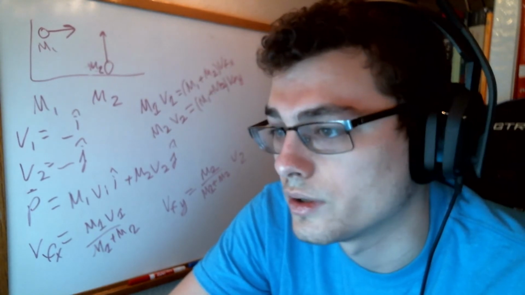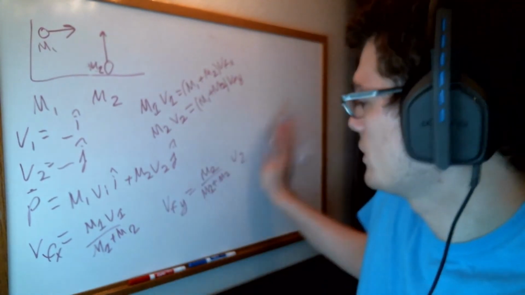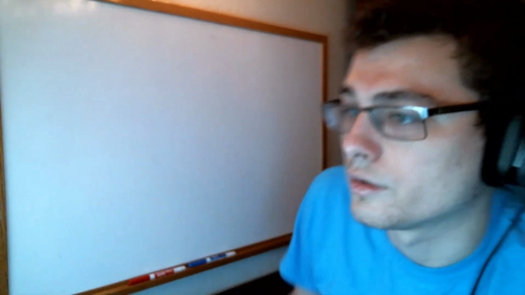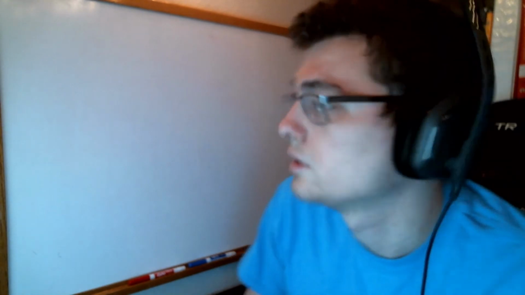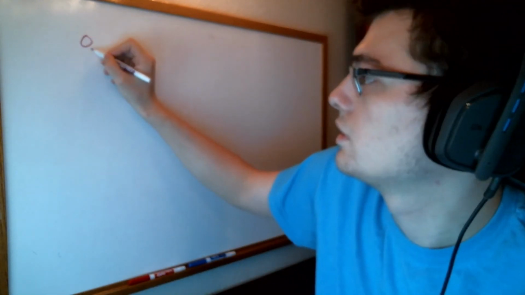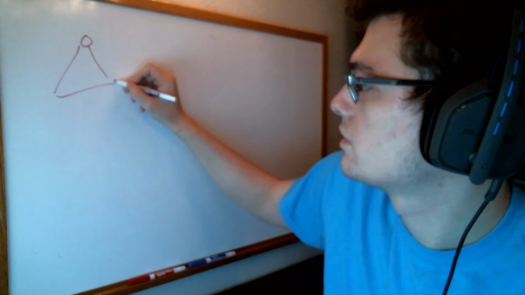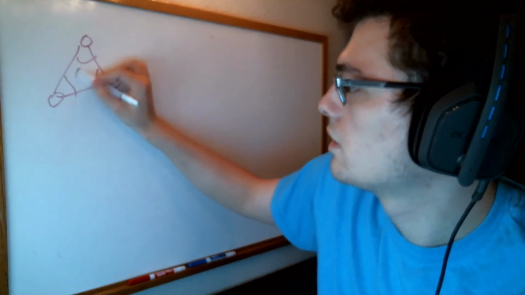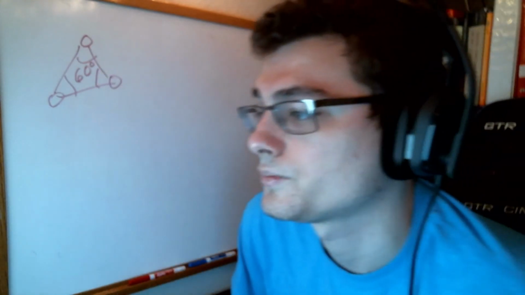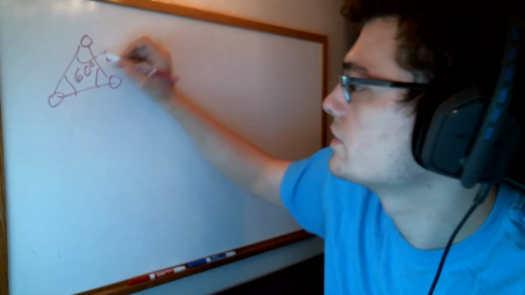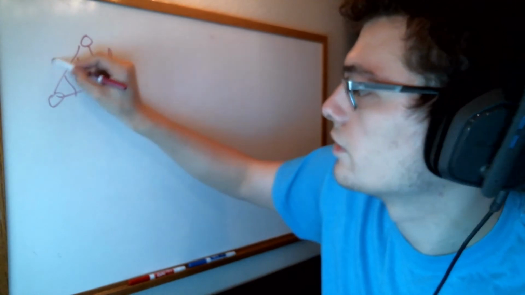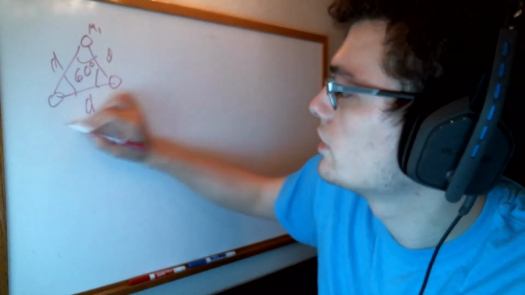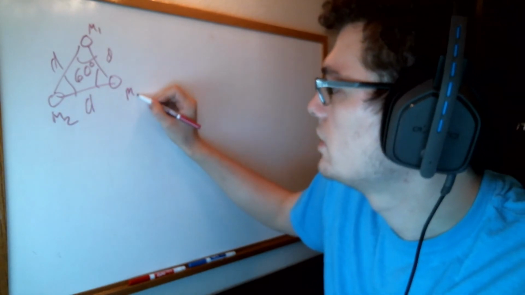Okay, so in problem 8, you're going to have 3 beads placed on the vertices of an equilateral triangle, like this, where all these angles here are going to be 60 degrees, and all these distances are going to be d. And then we're going to have M1, M2, M3.